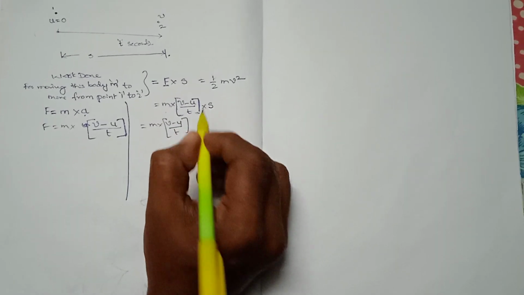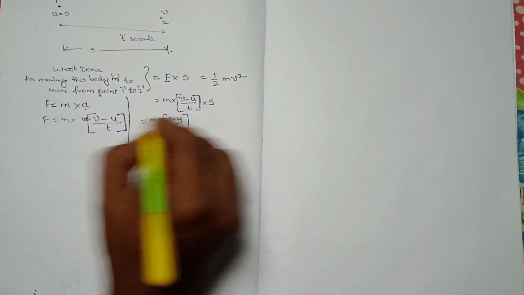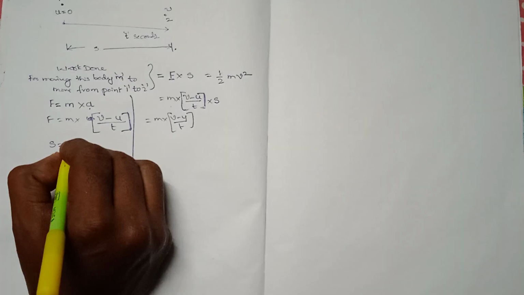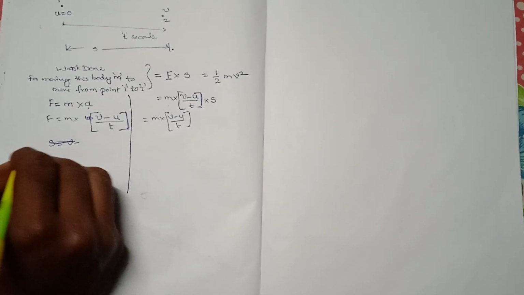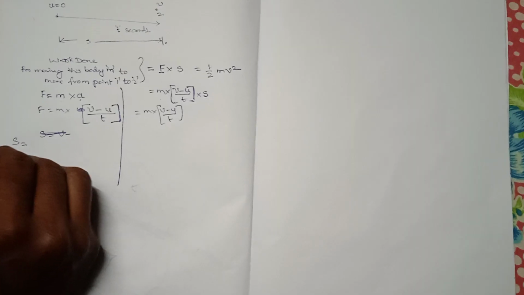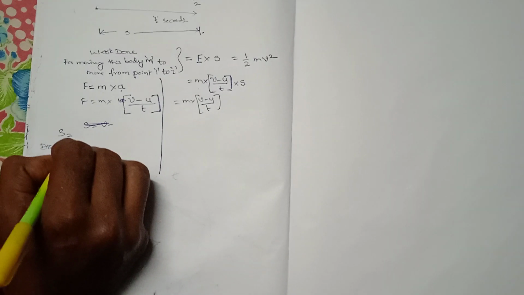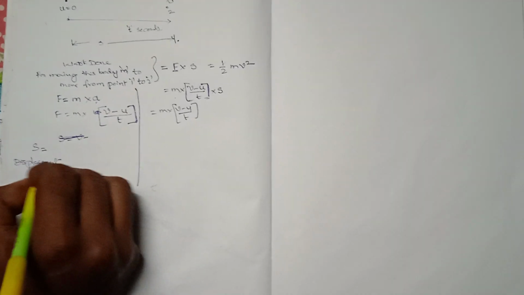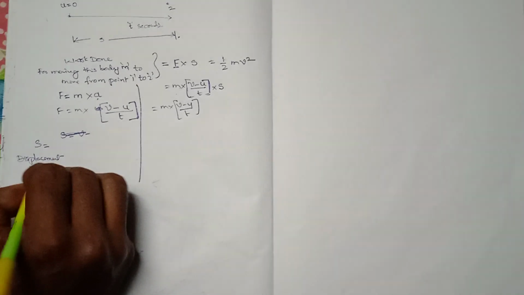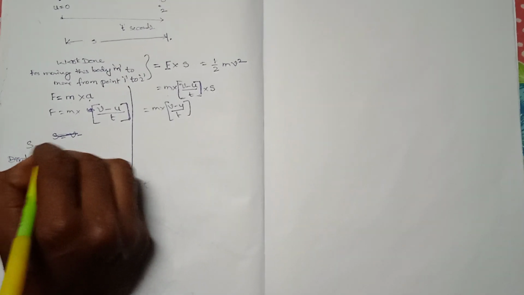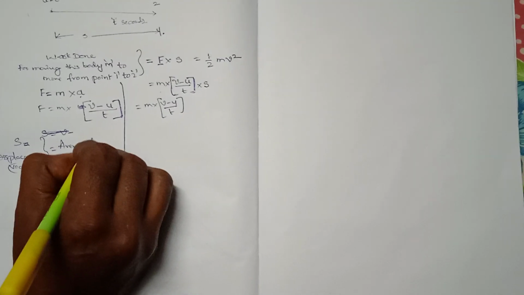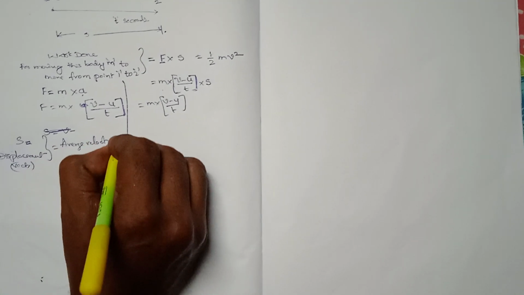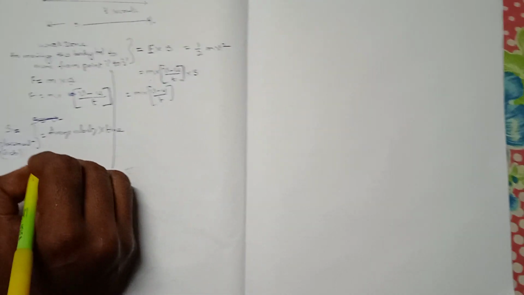What is distance? Distance or displacement, of course a vector quantity, displacement s is equal to average velocity into time. Now what is average velocity?